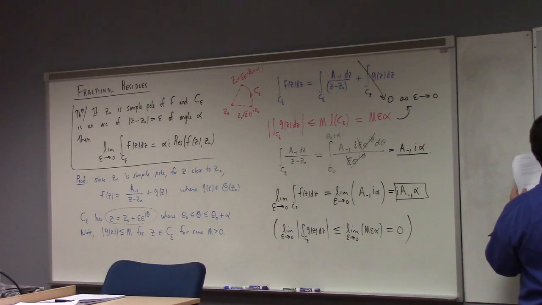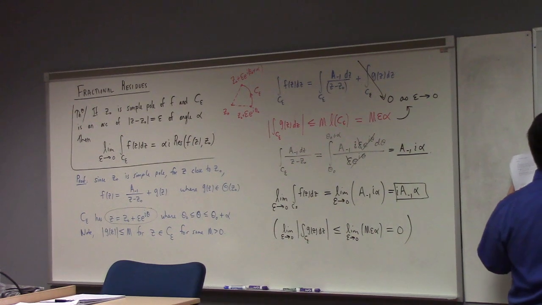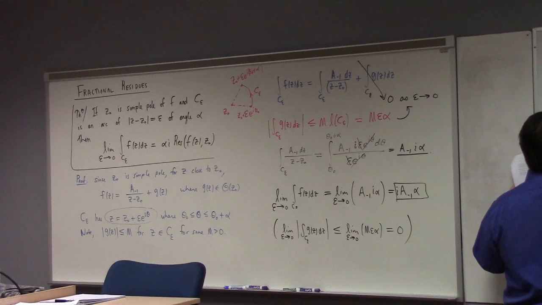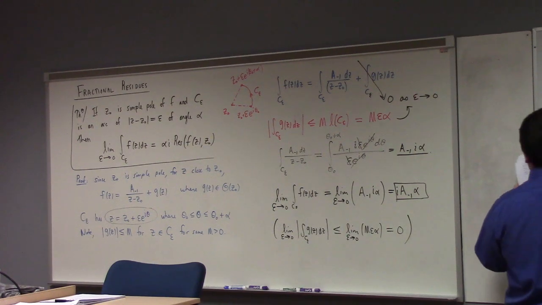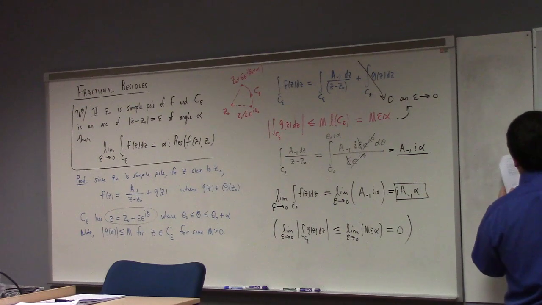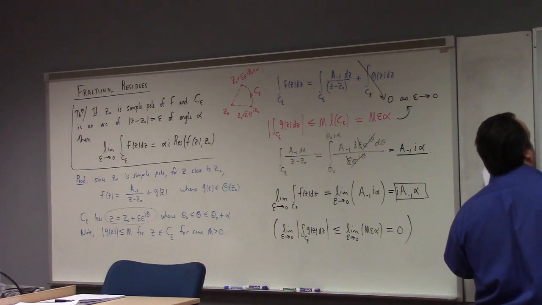So we've got 2 square root of 3 times i up here. I've got minus 2 square root of 3 times i down here. And look at the circular path. That was supposed to be circular.